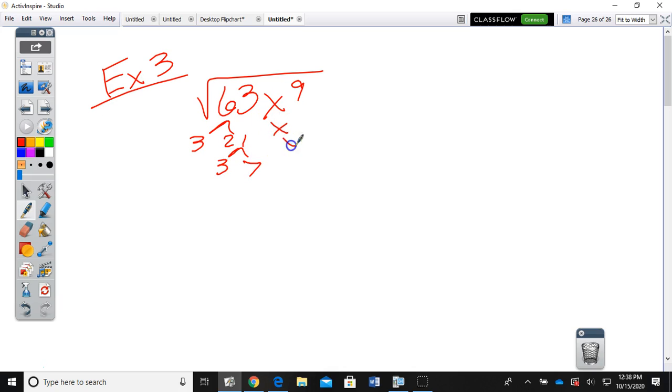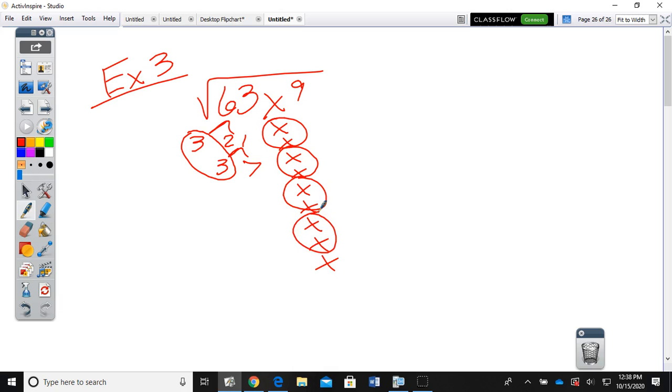We've got 1, 2, 3, 4, 5, 6, 7, 8, 9 X's. You got a pair of 3's. You got a pair of X's. I have 9 X's because it's x times x times x, 9 times. I have a pair of 3's. I have 1, 2, 3, 4 pairs of X's.